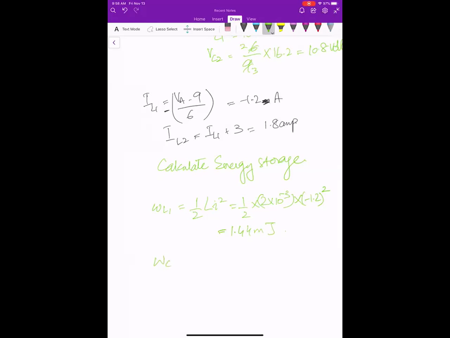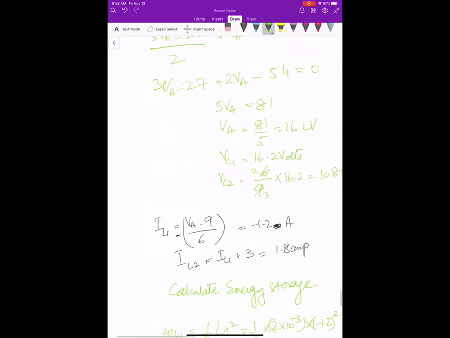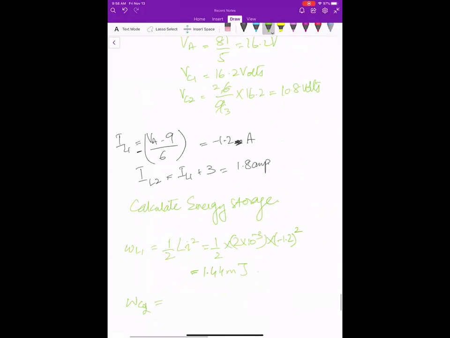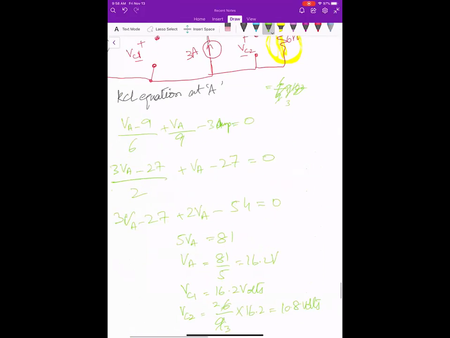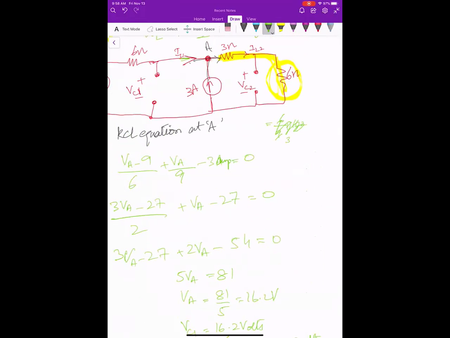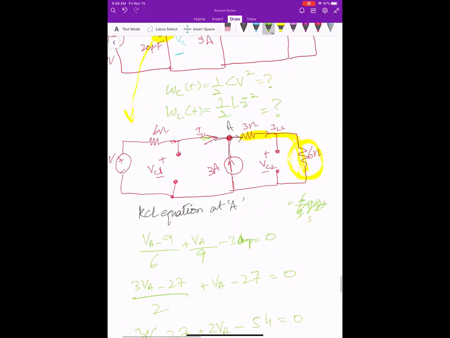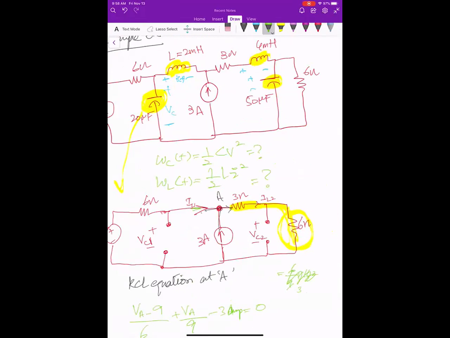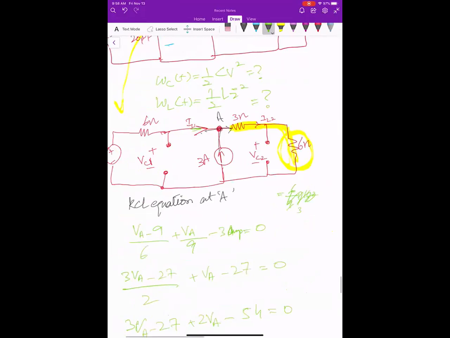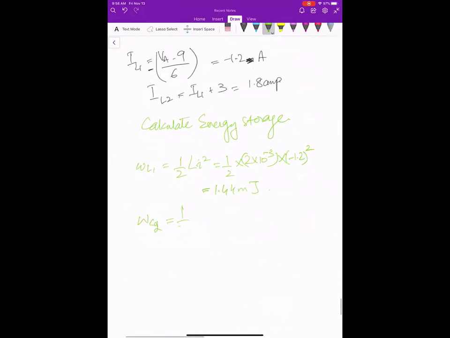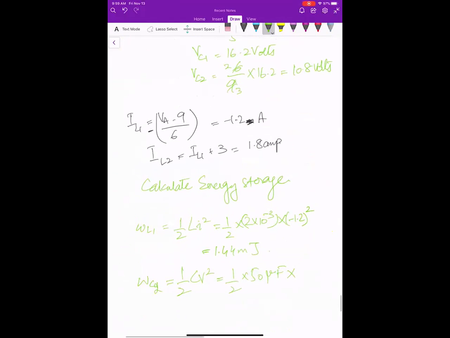Similarly WC2, let's see, we can do that. C2 is 50 microfarad, so it is 1/2 C V squared, where V is VC2, which is 10.8 squared.